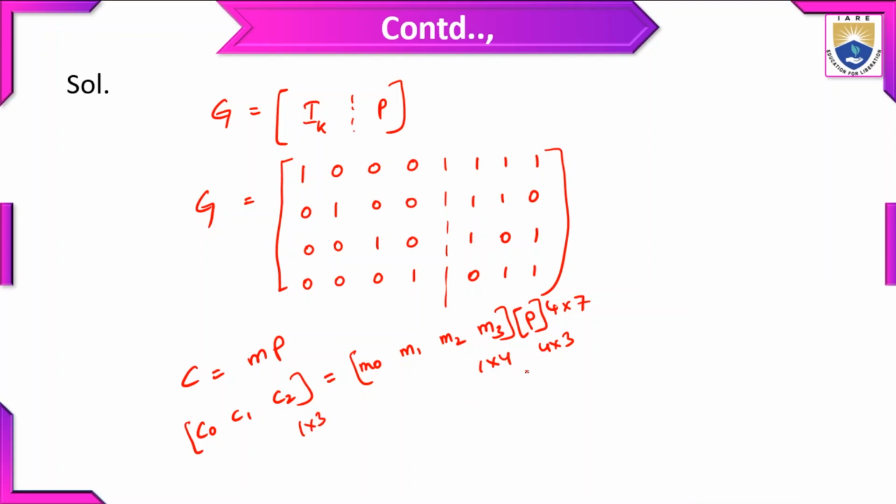So this 4 is going to cancel, and you get 1 by 3. When you multiply a matrix of size 1 by 4 with 4 by 3, you get a matrix of size 1 by 3. Okay.